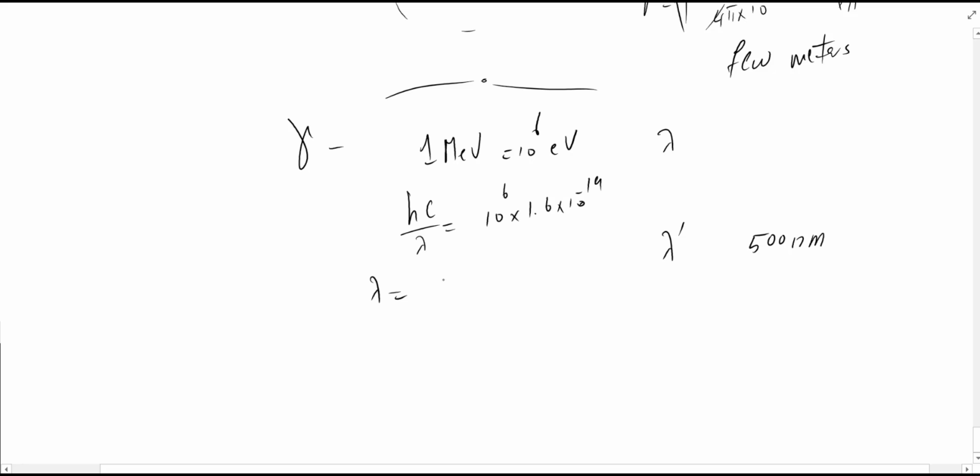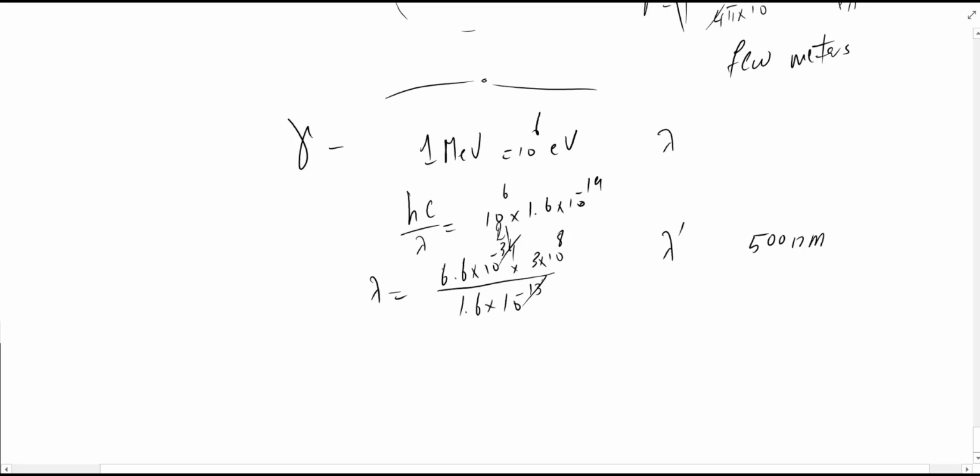So in other words, this is h, which is 6.6 times 10 to the power negative 34, times the speed of light, which is 3 times 10 to the power 8, divided by 10 to the power 6 times 1.6 times 10 to the power negative 19, that's negative 13. And 13 and 34 gives me negative 21.